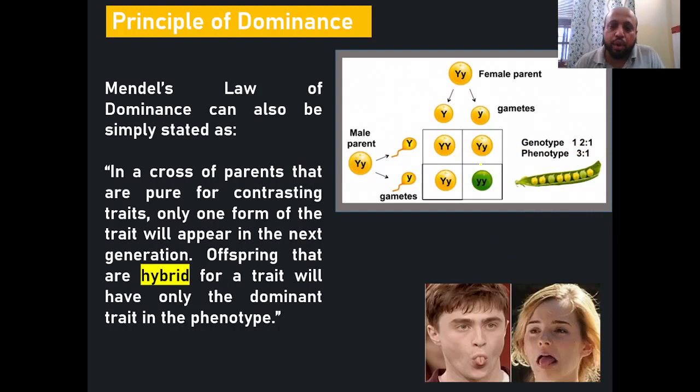As an example, probably most of you know Harry Potter and Hermione. Rolling of the tongue in a human being is a dominant character. Someone who can roll the tongue is dominant, and someone who cannot roll the tongue is recessive.